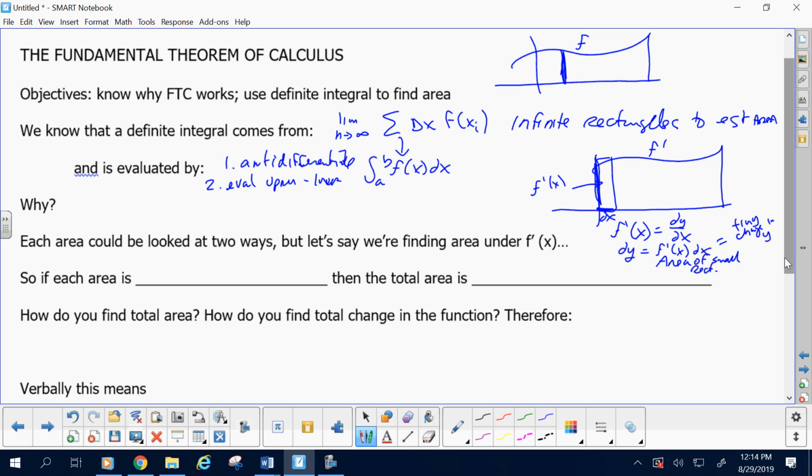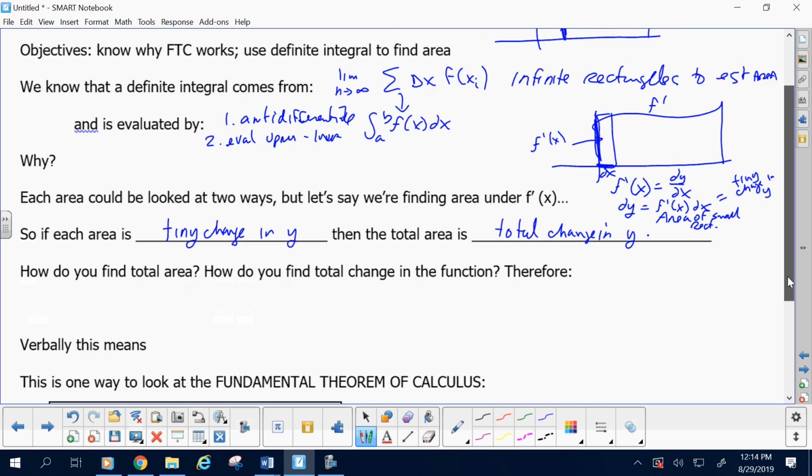So each area is a tiny change in y, and the total area is the total change in y.